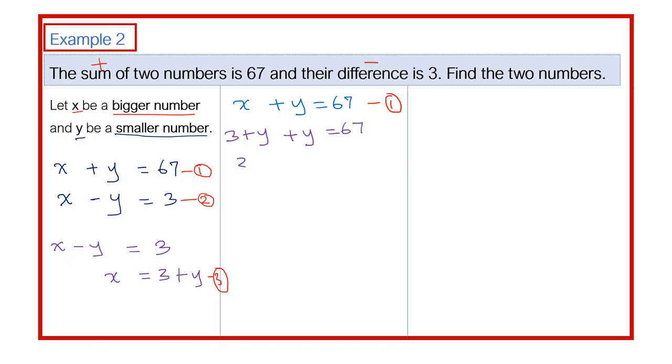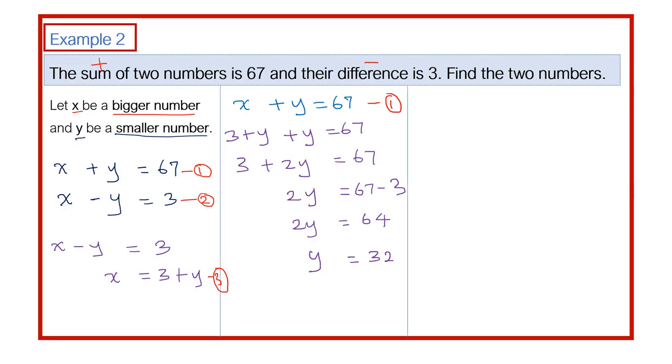So we get 3 plus 2y equals 67. So 2y equals 67 minus 3. And 2y is equal to 64. Therefore, y is equal to 32.